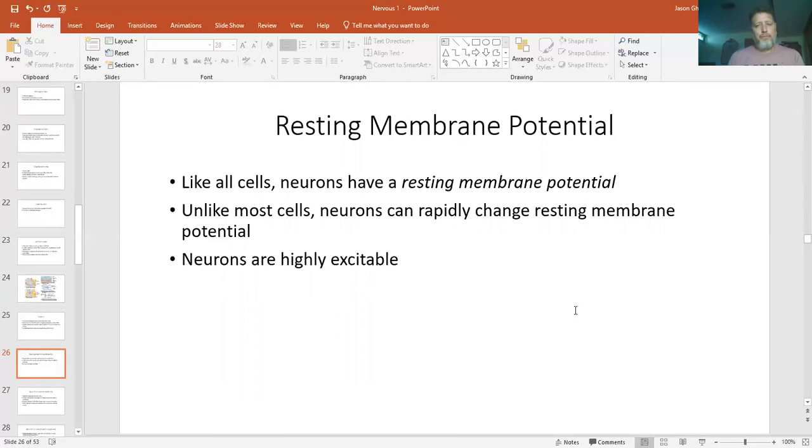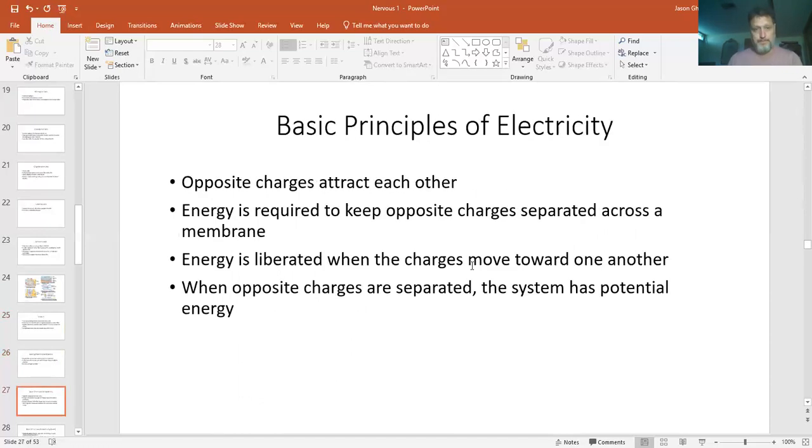Now, a little word. All cells have a resting membrane potential. Neurons, on the other hand, are specialized in that they can change this resting membrane potential very fast. So that means that they're excitable. It means that they can change their charge really quickly, which is how they send an impulse.